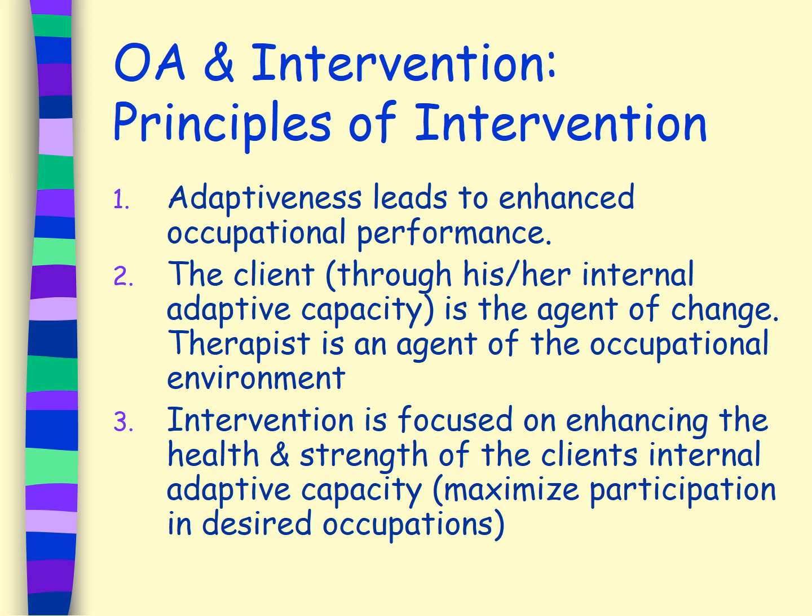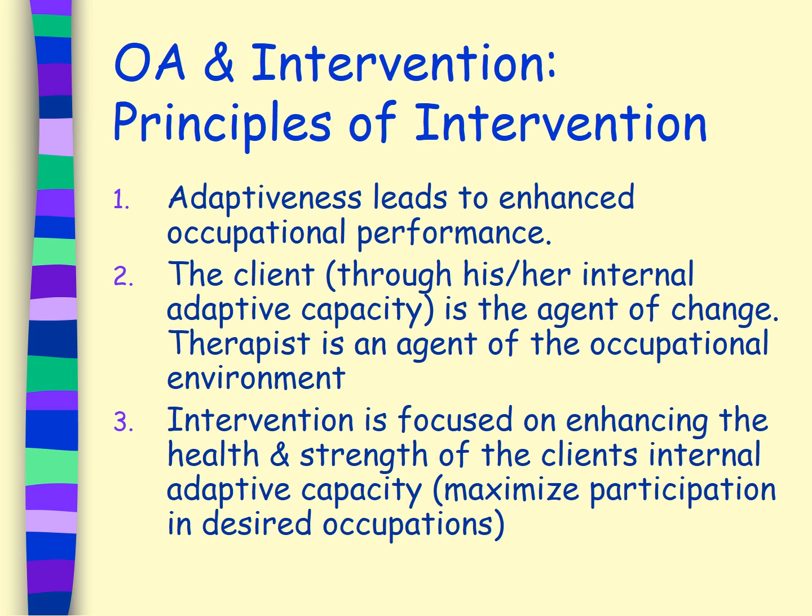So, looking at occupational adaptation and how we apply intervention as an OT. We know that adaptiveness can lead to enhanced occupational performance. Giving a person with a hip replacement a long-handle shoe horn, sock aid, and reacher is going to adapt how they dress, but it's going to increase how they're able to dress themselves independently.